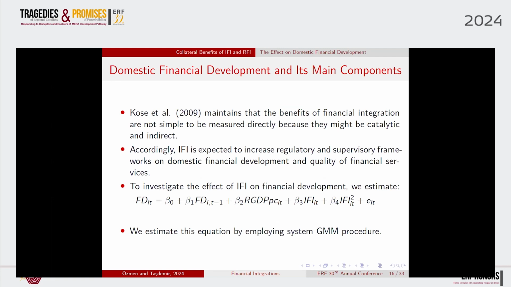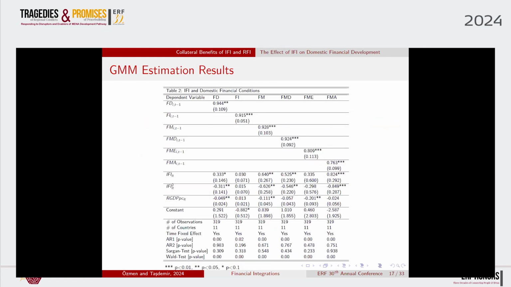We also, consistent with the remarks by Kose, suggesting that the collateral benefits are observable in economies with more financial integration, incorporate the international financial integration score in our estimation. Again, we employ system GMM method. These are the system GMM results.